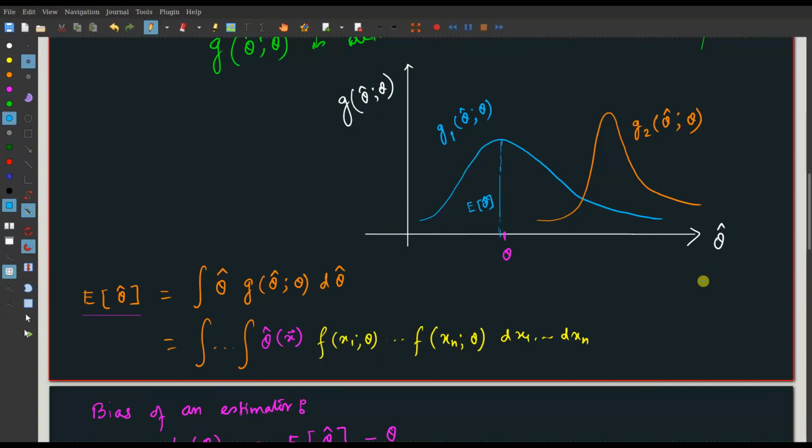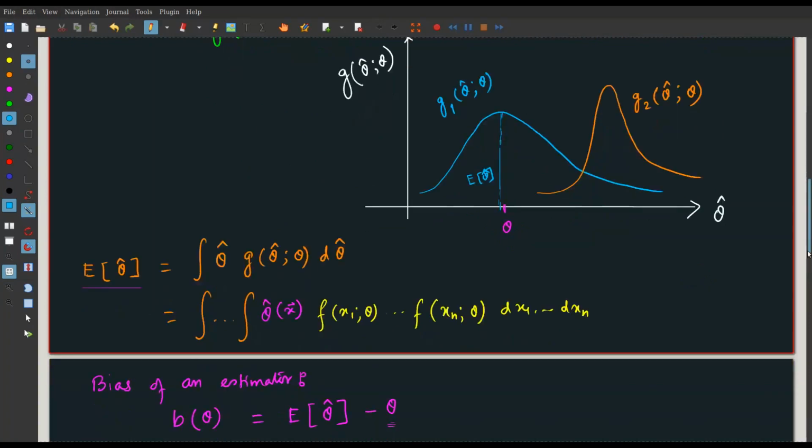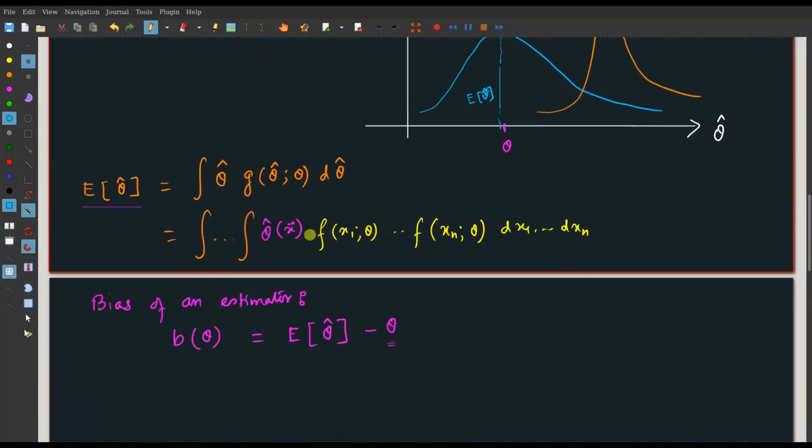Just because this has nearly zero bias, it doesn't mean that we should always choose this particular estimator corresponding to this blue curve. The minimum bias is sometimes a good thing to have, but you do not usually discard an estimator just because it might have a finite bias.